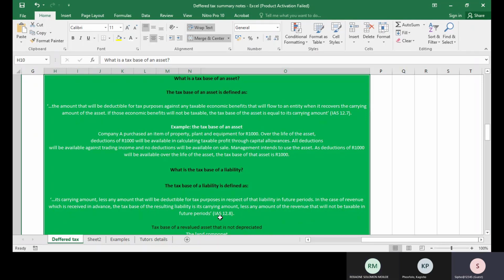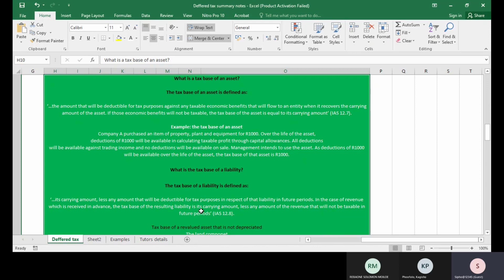They are saying, in the case of revenue which is received in advance, the tax base, which is that example I've just made, the 10,000, we received this money in advance. The tax base of that resulting liability is its carrying amount, which is 10,000, less any amount of the revenue that will not be taxable in the future period.